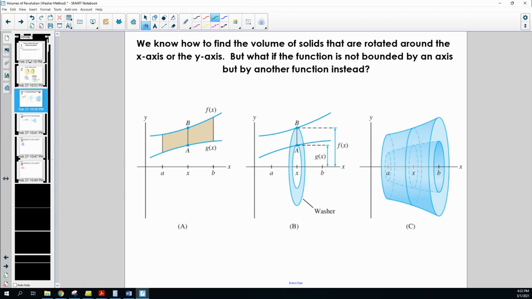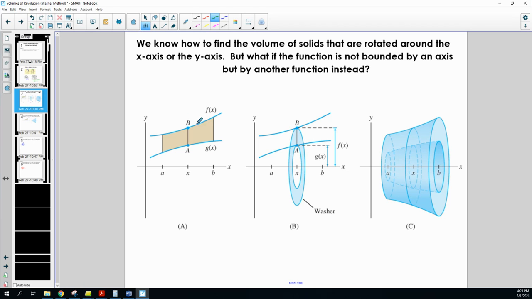So we know how to find the volume of solids that are rotated around the x-axis or the y-axis. But what if the function is not bounded by an axis, but by another function instead? What we had done before was our functions were bounded by the x-axis or the y-axis. But now they're not, and that's what creates that hole in our graph, which makes this a washer method or donut method type problem.